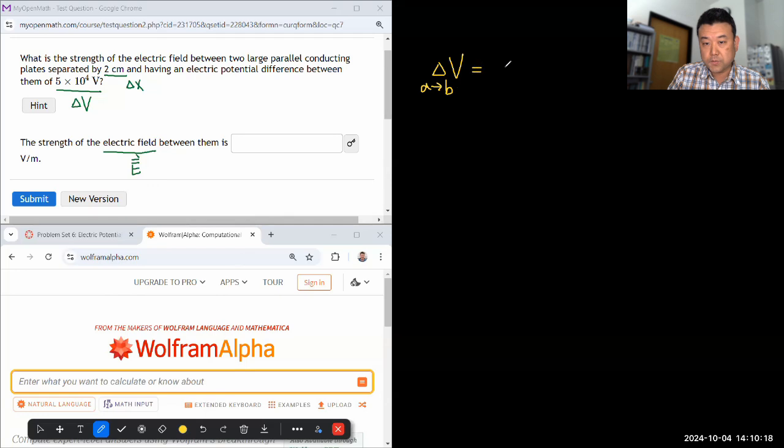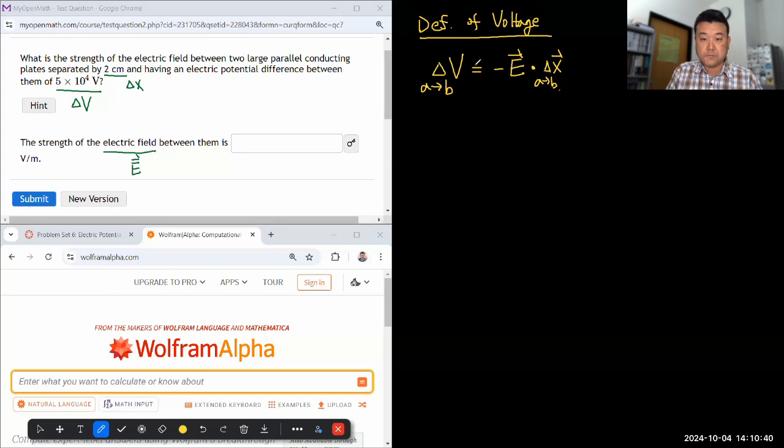Then that's going to be minus of electric field dot product with the change in the position going from A to B. This is the definition of voltage. And you have one other expression that relates voltage to other quantities. This is the definition. The other one is more of a convenient relationship to the potential energy.